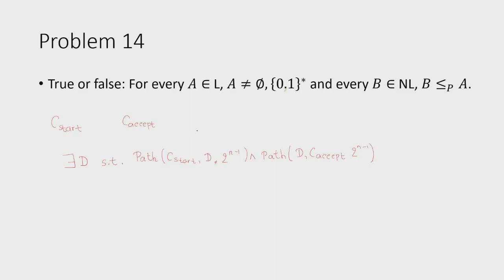For the sake of simplicity, I am assuming that the size of the graph is equal to 2^n, okay? And so this is the normal way of doing it, right?